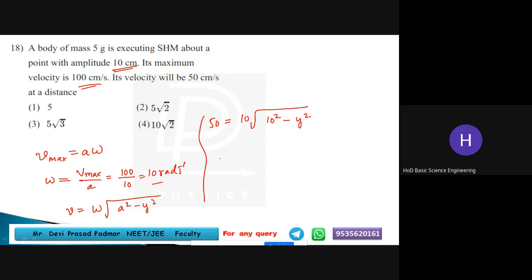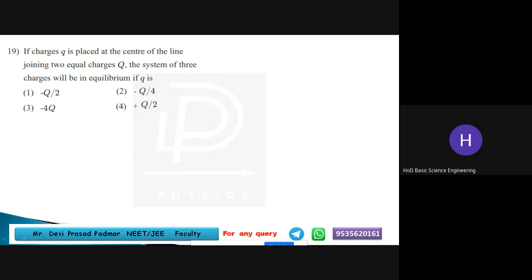This y you require. Just rearrange for y. This type of problem we have solved.